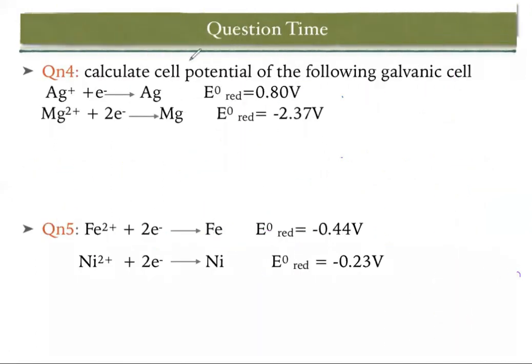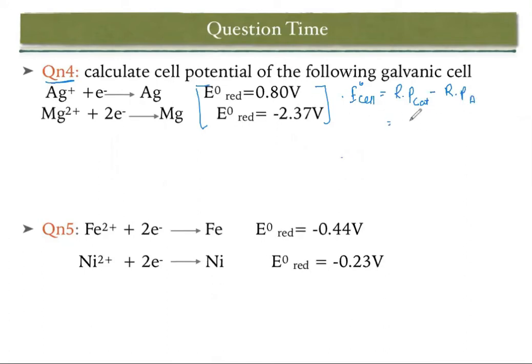Okay, now coming to question number 4. As we have already discussed, the question is about calculating the galvanic cell potential. Okay, so you can do it simply, as in both cases the reduction potential is given. As we already know, E naught of cell is equal to reduction potential of cathode minus reduction potential of anode.